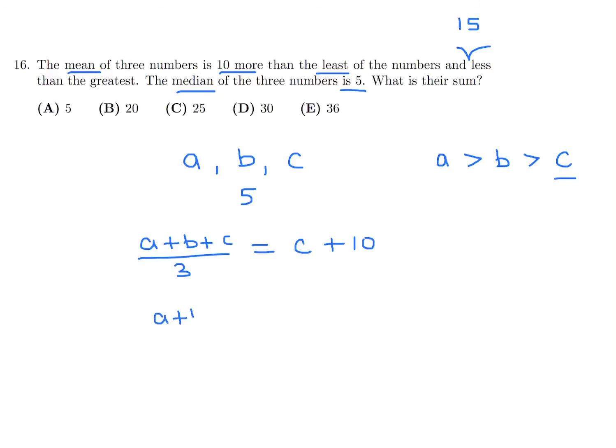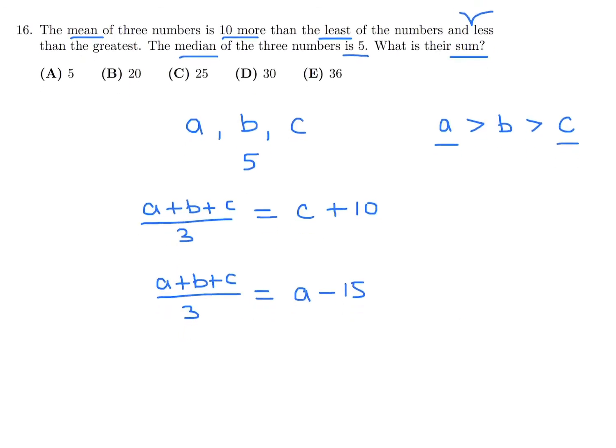So the mean is also 15 less than the greatest. So the greatest is A, so it's 15 less than that. So those are the two equations, and we're going to have to figure out what is A and B and C, and then add them all up to get their sum. B, the good news is they've already told us, is 5.